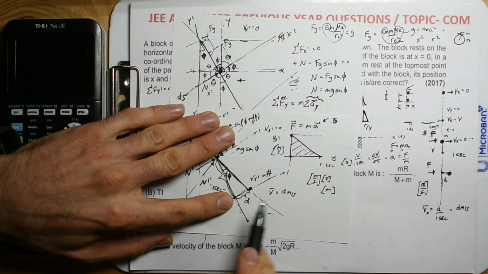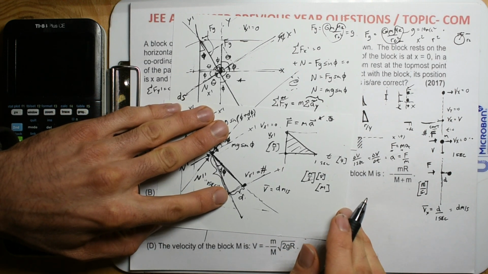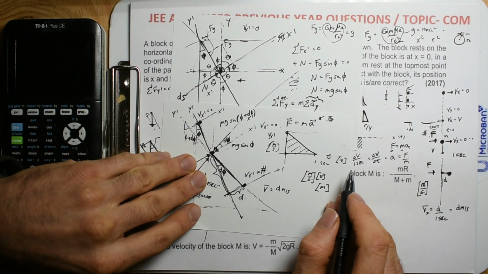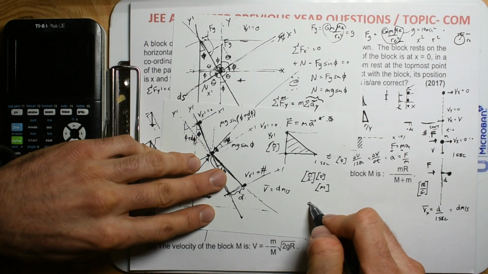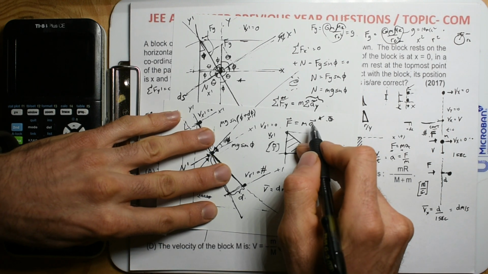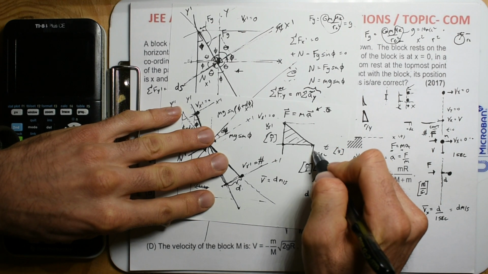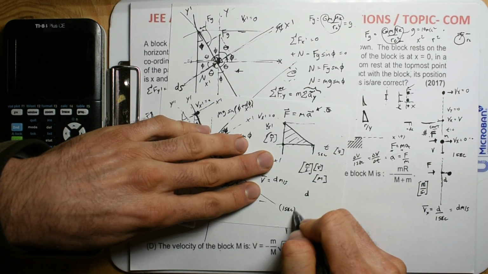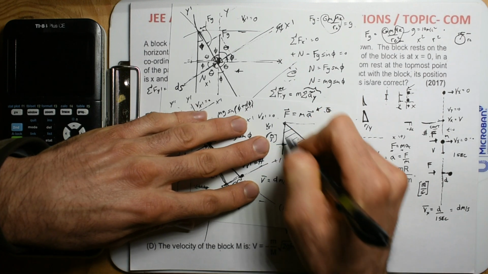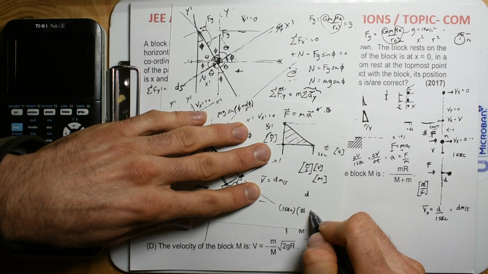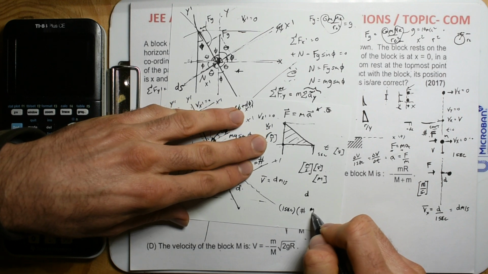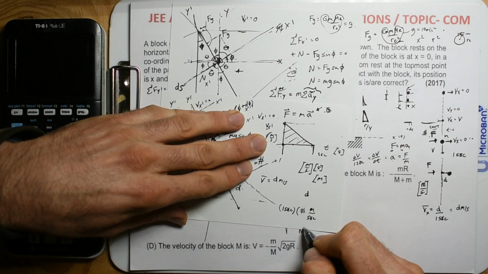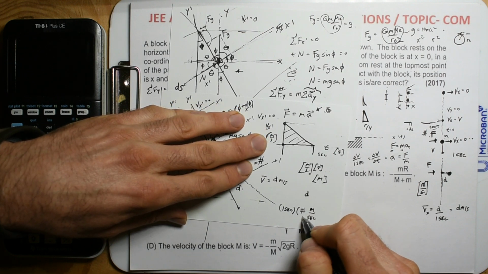To get a distance of d when I multiply this, this triangle is going to be 1 second times a number that has units of meters per second, which is meters per 1 second.